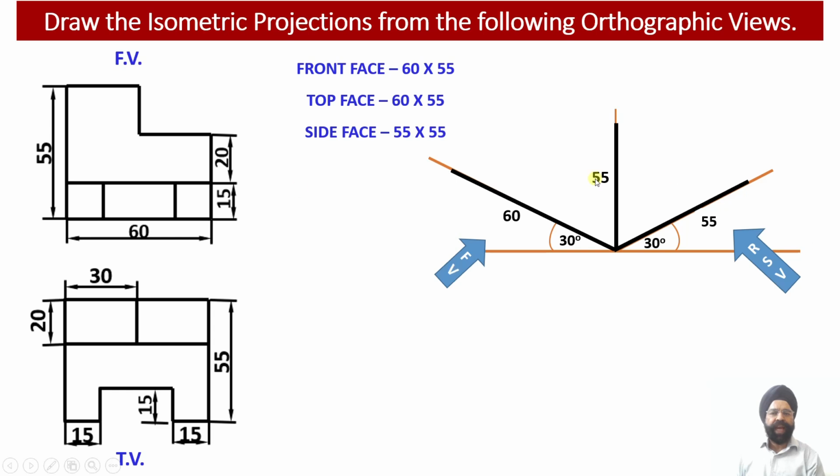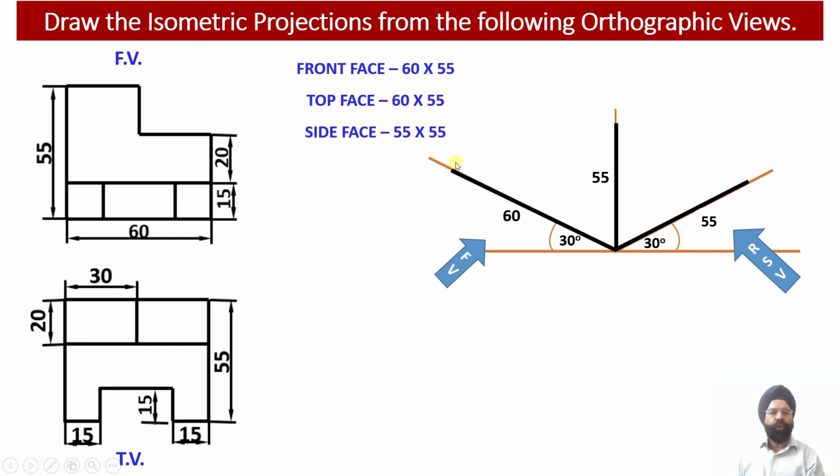As we know that the front view dimensions are 60 millimeter by 55 millimeter, we are going to draw the 60 millimeter length along the isometric x-axis, and the 55 millimeter height of the solid is drawn along the y-axis.